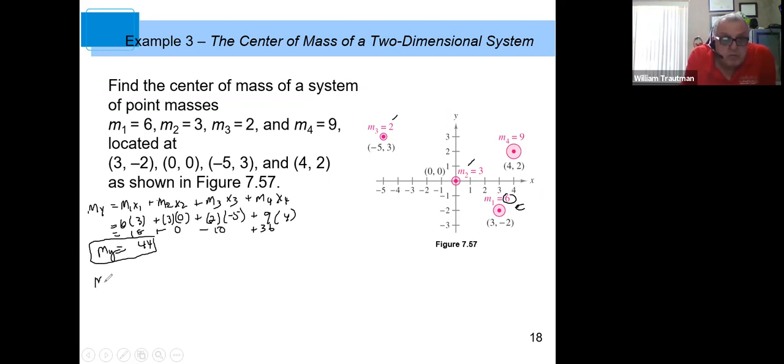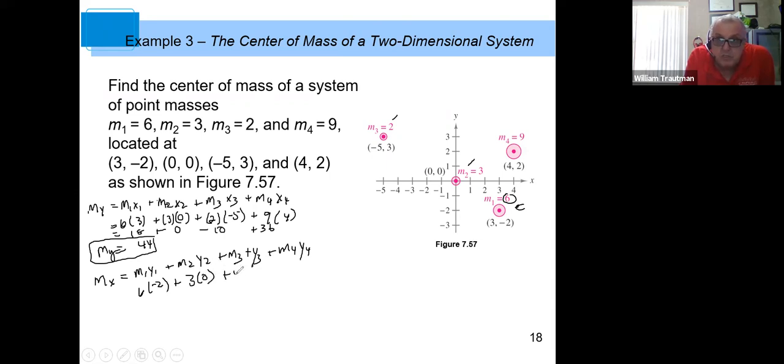The moment for x equals mass 1 times y1, mass 2 times y2, mass 3 times y3, mass 4 times y4. Once again, the mass of number 1 is 6, and its y value is -2. The mass of number 2 is 3, its y value is 0.